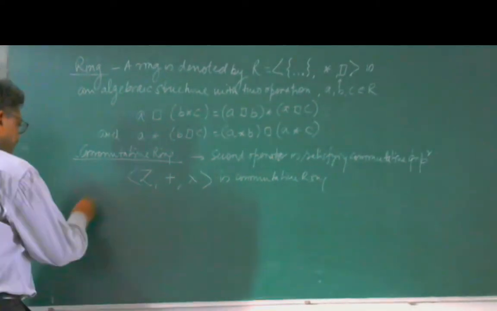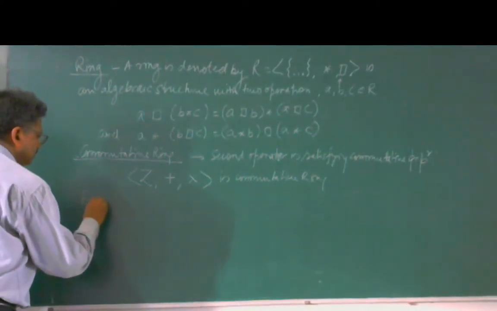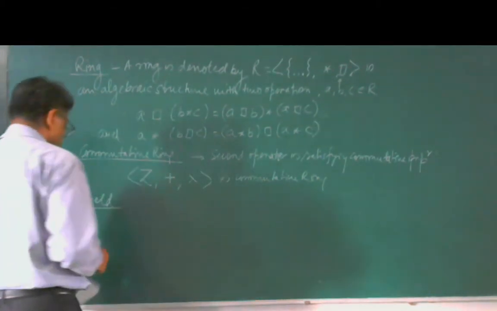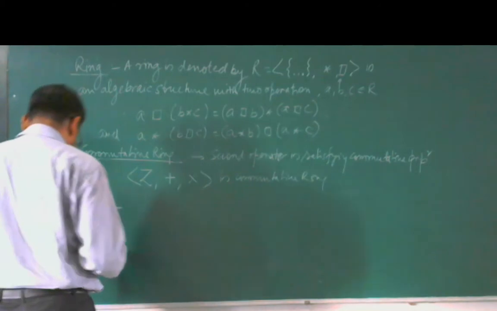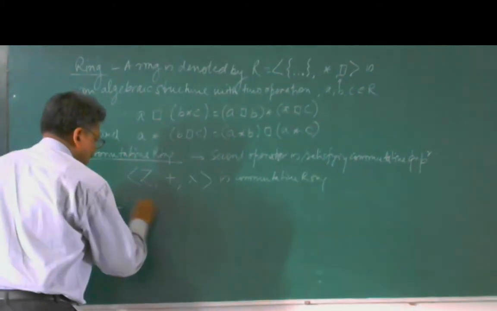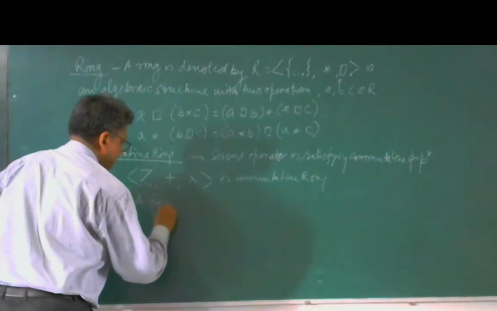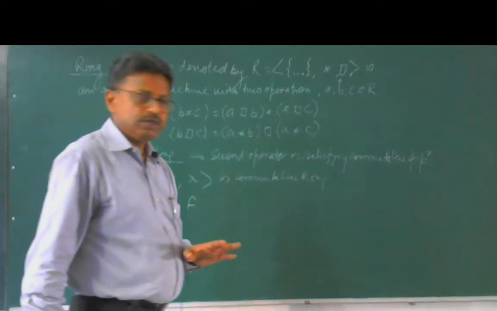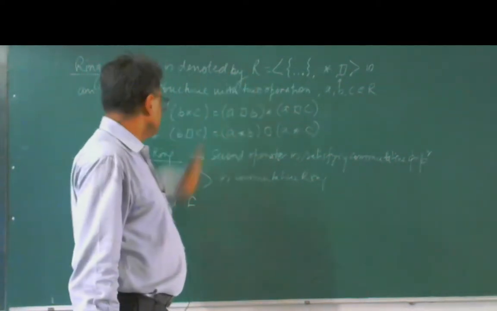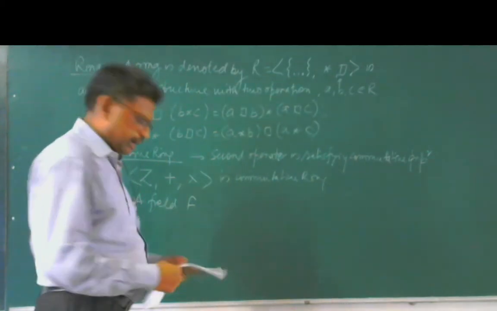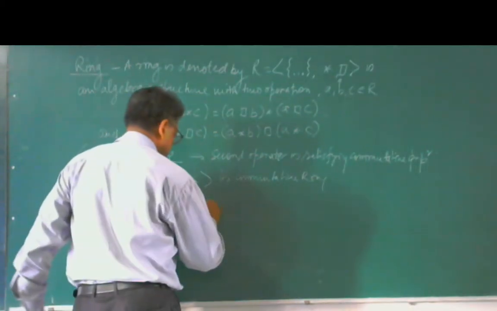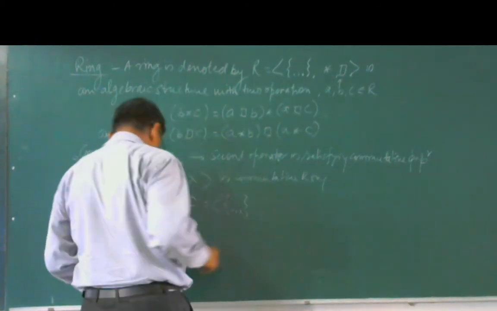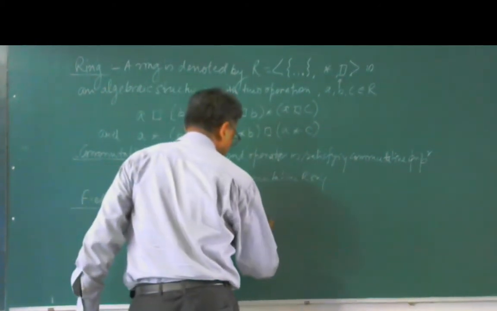Now field. This is all about commutative ring. A field is represented by F, as a group is represented by G and a ring is represented by R. So what is F? F is a set having a finite number of elements and having two operators.